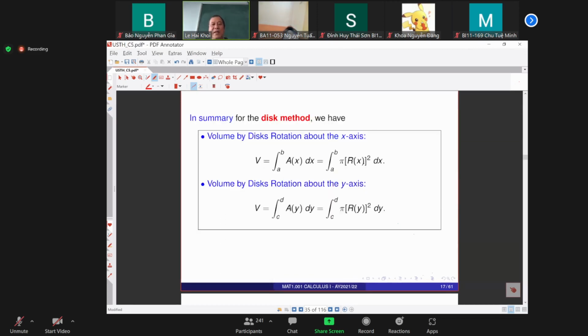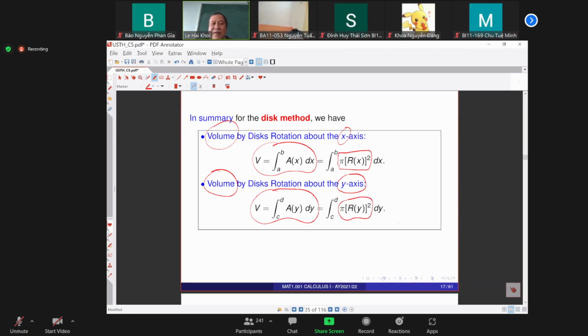Now, in summary, you need this slide and should remember this slide. If you rotate the region about the x-axis, then the volume is this, and of course you can replace A(x) by pi r(x) squared. If you rotate about the y-axis, then the volume is the integral of A(y) dy from c to d, and A(y) is pi r(y) squared.